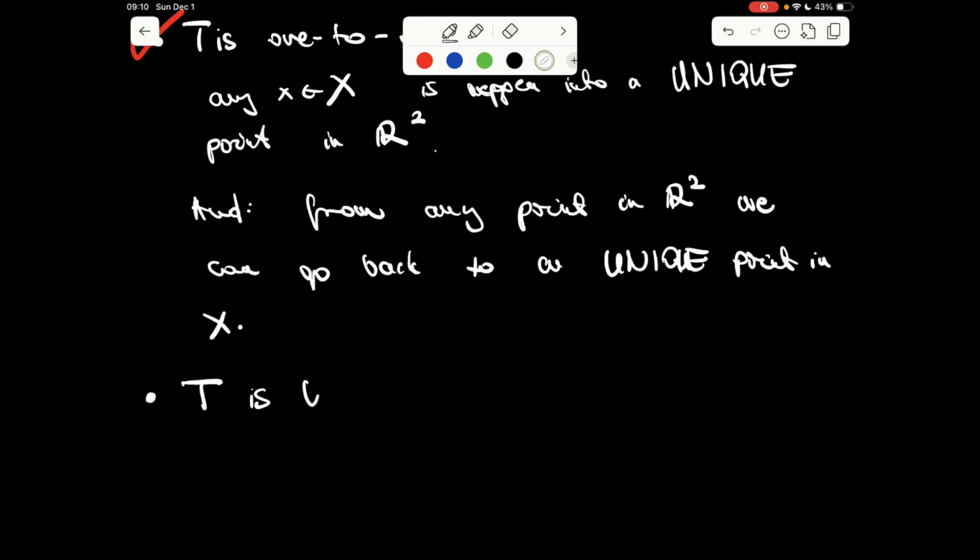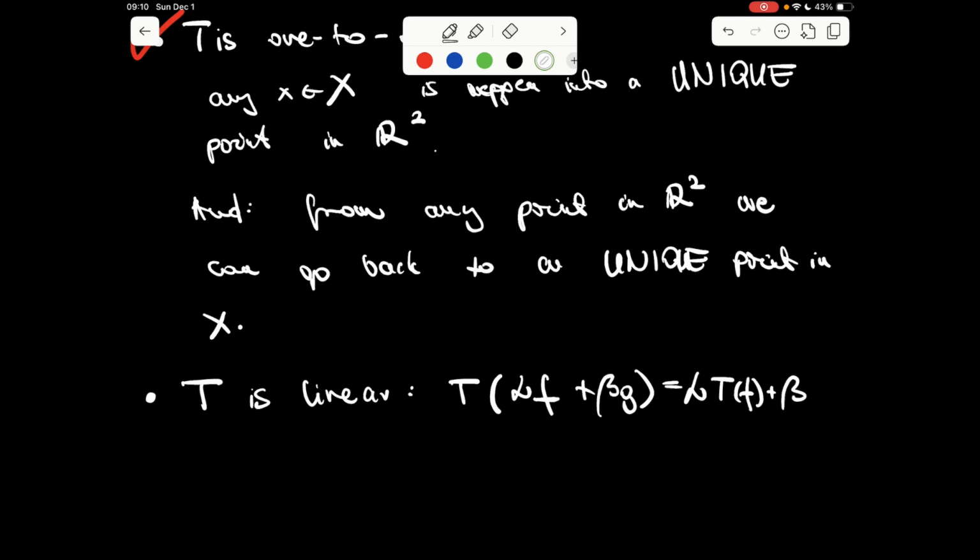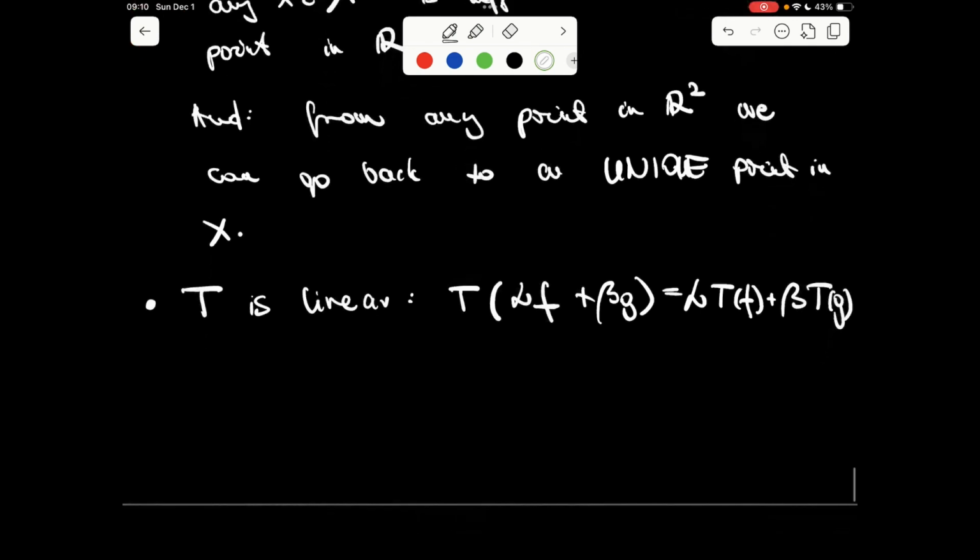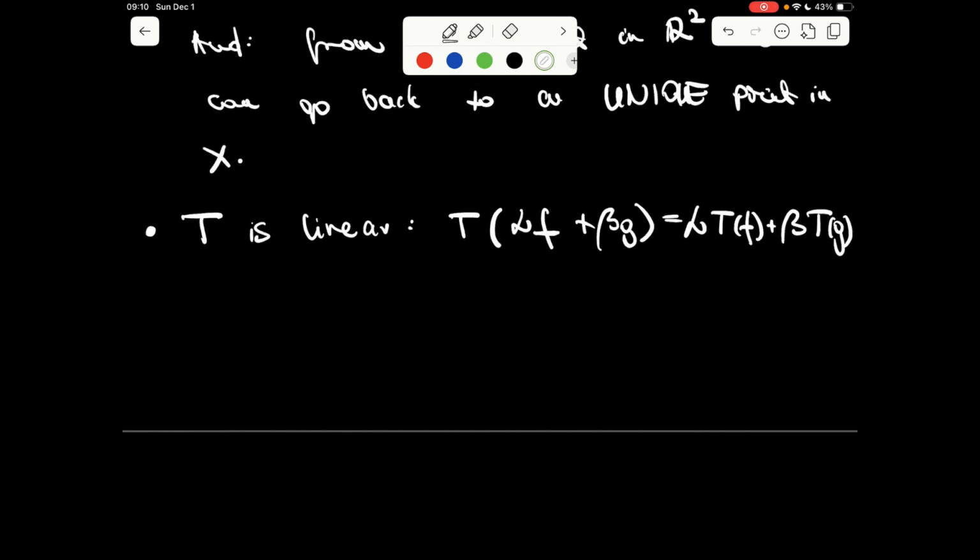And last but not least, mapping T is linear, which means the following. We need to check if this property holds. This is easy to demonstrate.